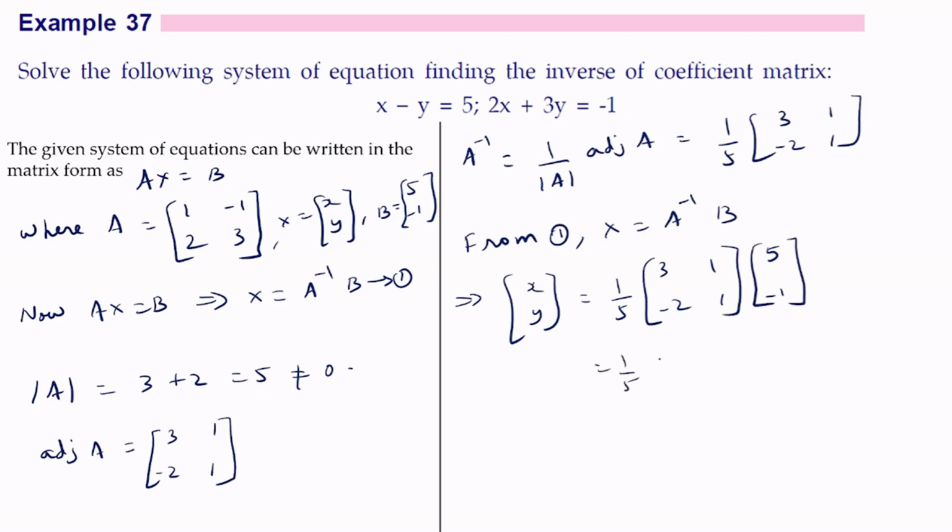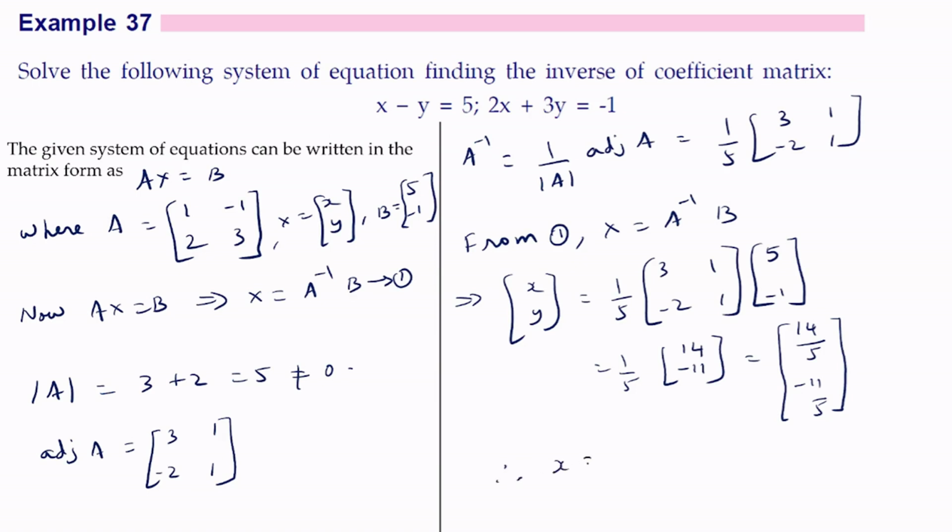So this is 1 by 5 into 15 minus 1, which is 14, and the second element is minus 10 minus 1, which is minus 11. So this is 14 by 5 and minus 11 by 5. So we got the matrix of x and y as 14 by 5 and minus 11 by 5.